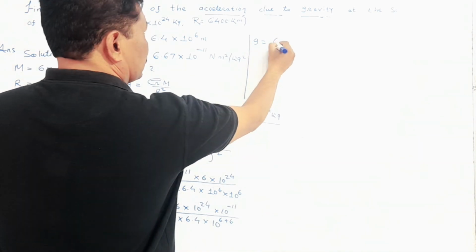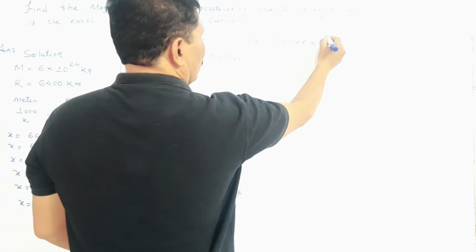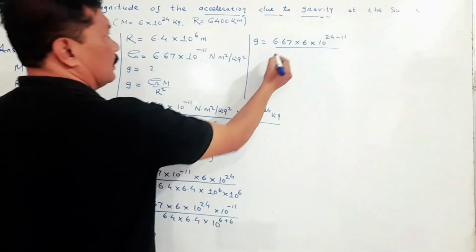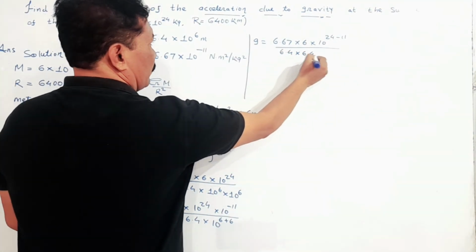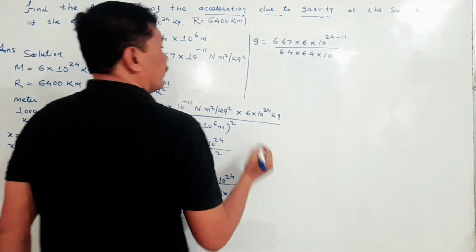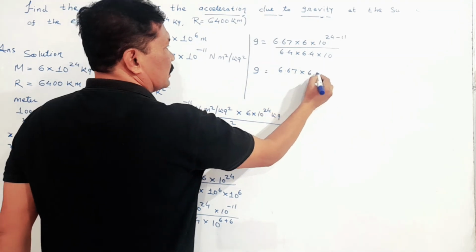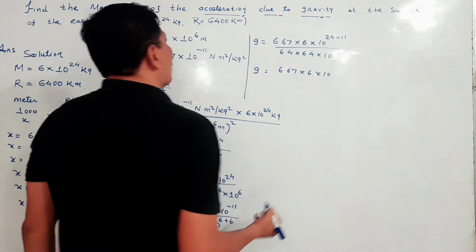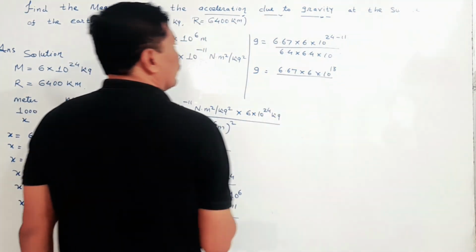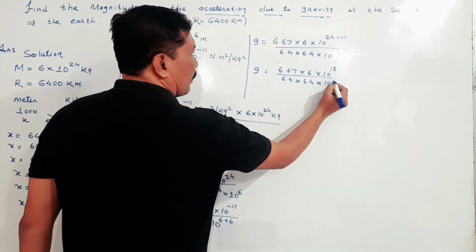g is equal to 6.67 into 6 into 10 to the power 24 minus 11 divided by 6.4 into 6.4 into 10 to the power 6 plus 6 is equal to 12 we can write. g is equal to 6.67 into 6 into 10 to the power 24 minus 11 we get 13 divided by 6.4 into 6.4 into 10 to the power 12.